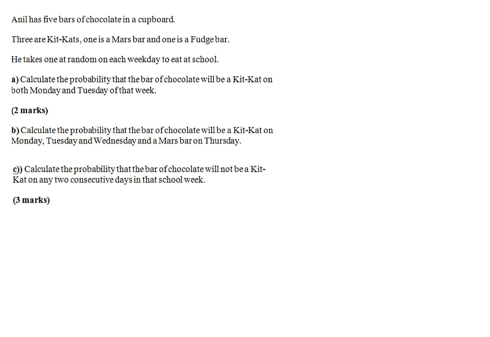Anil has 5 bars of chocolate in a cupboard. 3 are Kit Kats, 1 is a Mars bar, and 1 is a fudge bar. So let's write them here: Kit Kat, I've got 3 of them; Mars, I've got 1; and fudge, I've got 1.